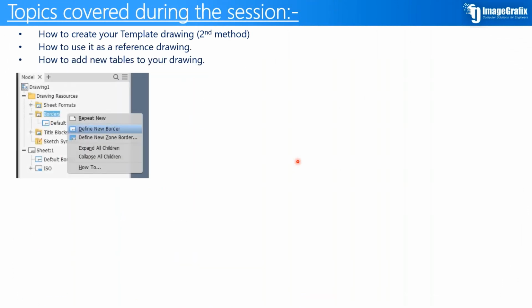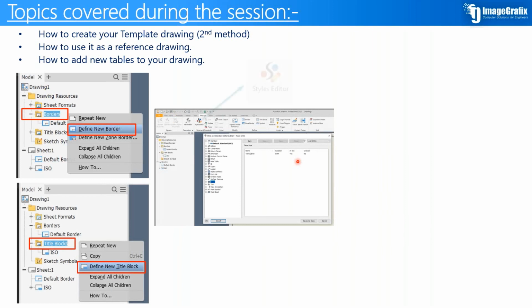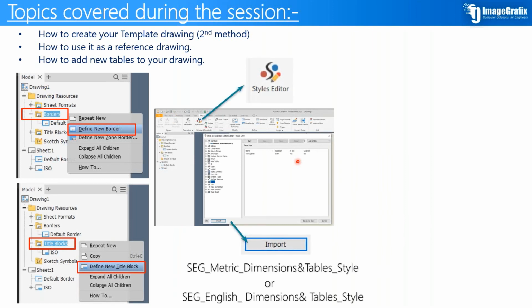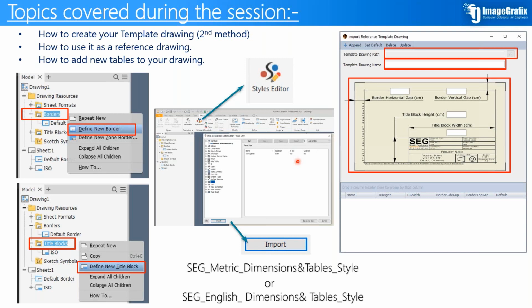The second way, we will discuss in this live demo: how you can add your title block and your border, how to add this style in a correct way, and how you have the ability to import the drawing or your standard title block in the SEG library to use it in your drawing.